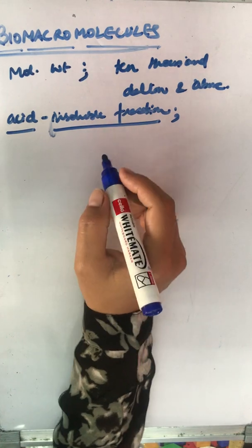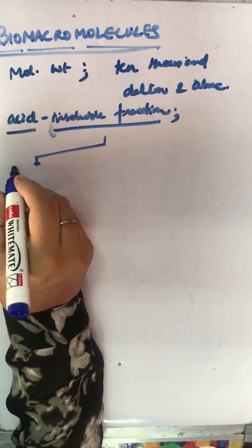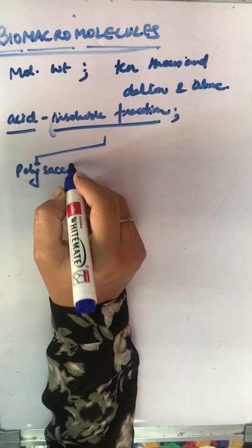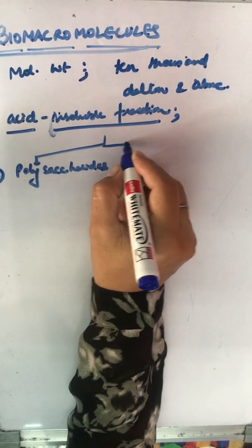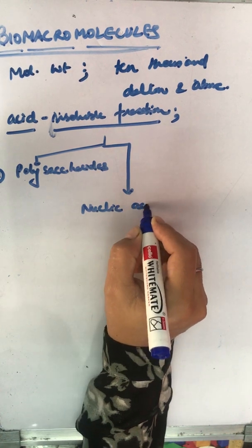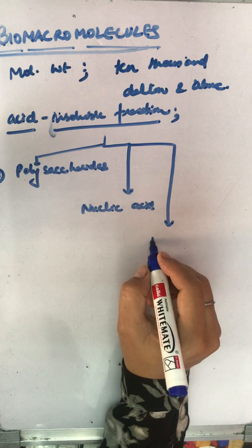There are three types of macromolecules. First is polysaccharides, number two is nucleic acids, and the third one is proteins.